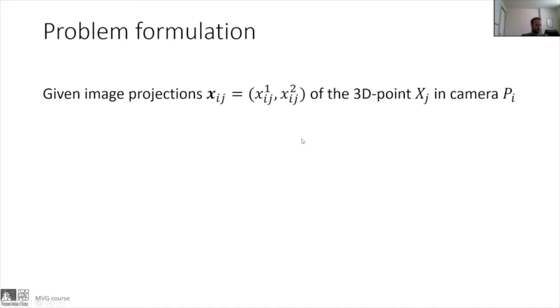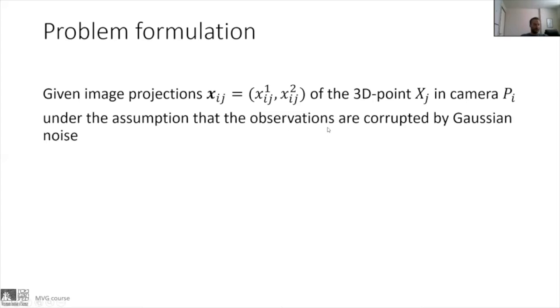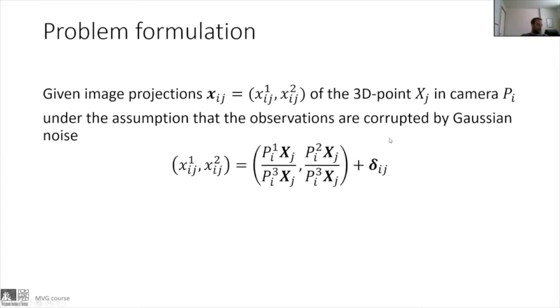So everything here you should be familiar with. So we are given an image projection of a 3D point xj into the ith camera. So we denote it by lowercase xij. And we assume that the observations are corrupted by Gaussian noise, which is kind of a standard assumption.